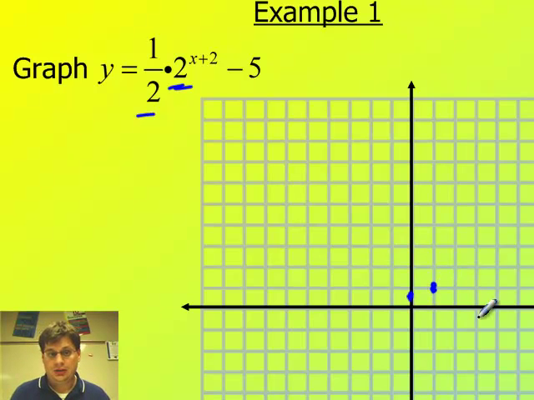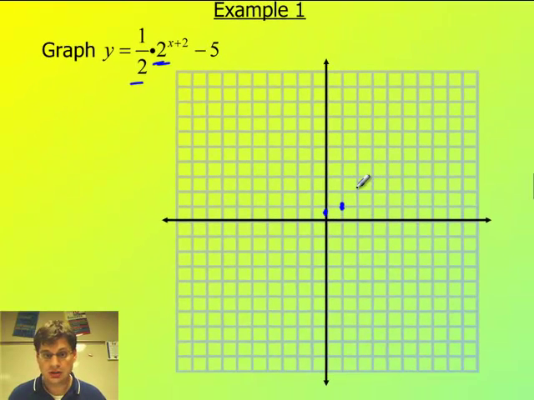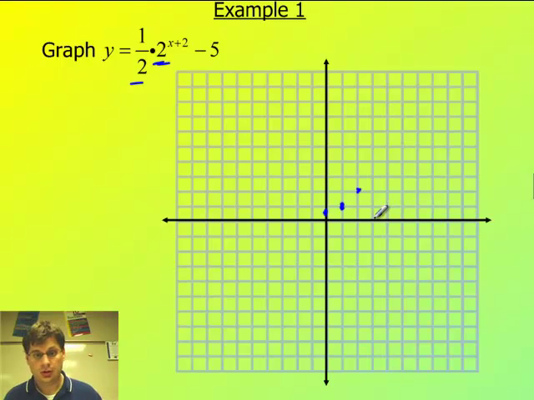The next value I would get would be 2 to the second power, which is 4 ordinarily. But again, we have to multiply that by 1/2, so that's just going to be 2. And then 2 to the third power is 8, but again, we multiply by 1/2, so we go down to 4.